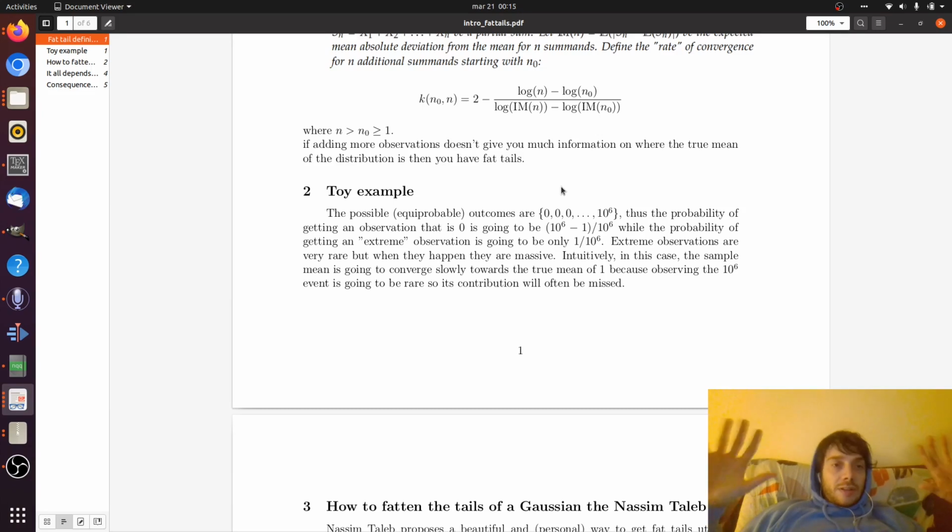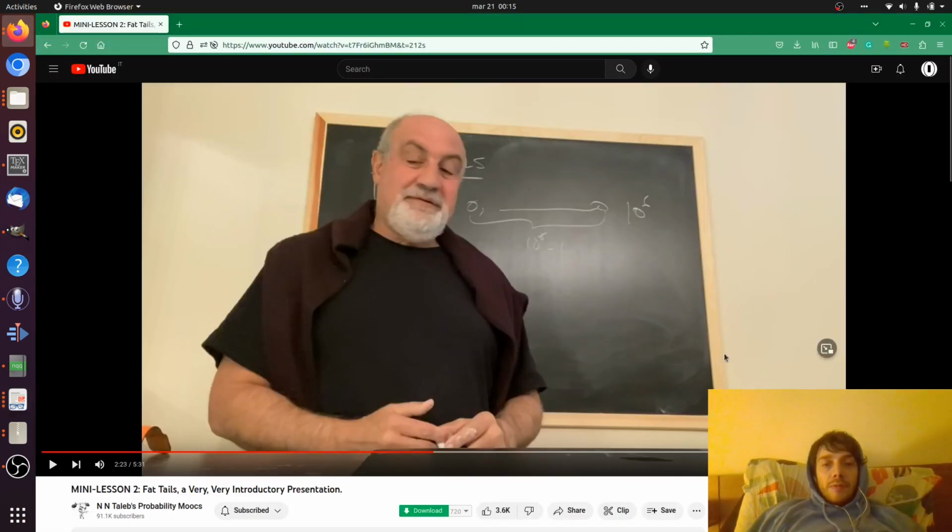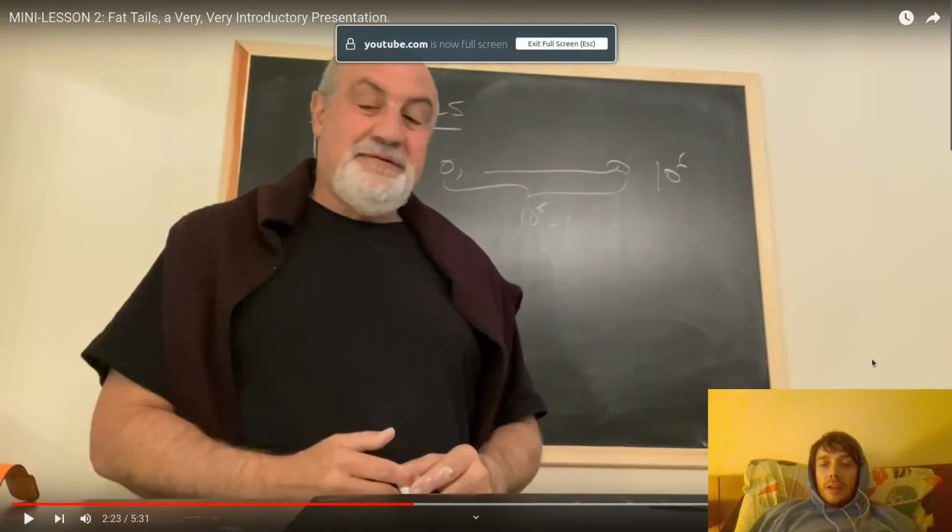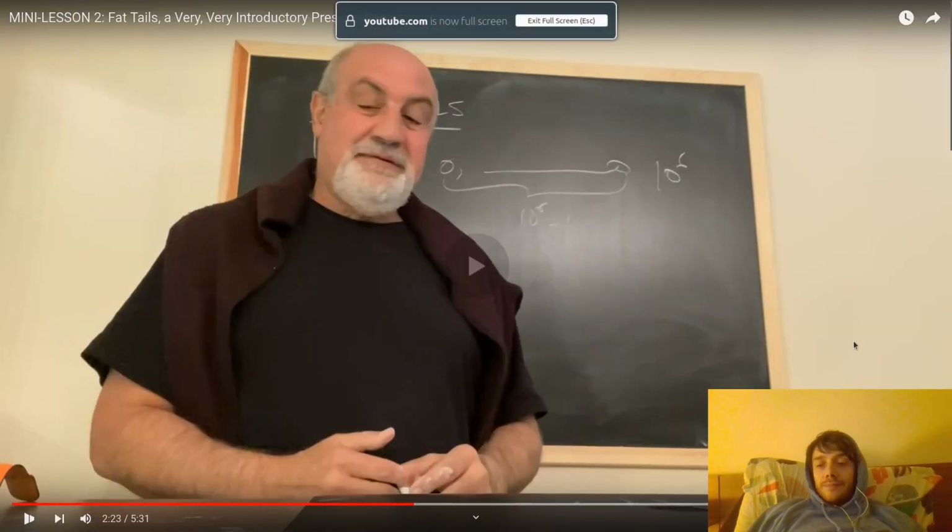So this is just some intuitive notions to try to help you understand or see why this toy example is fat-tailed, even though we've seen it before. Now let's see what else Taleb has to say to us.